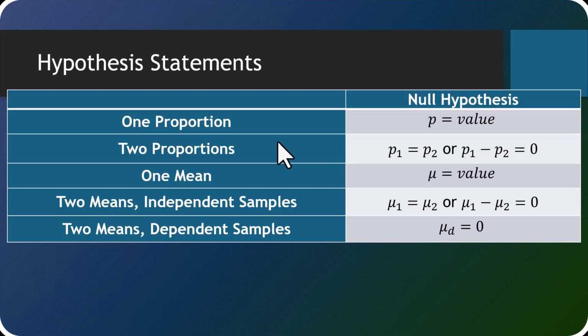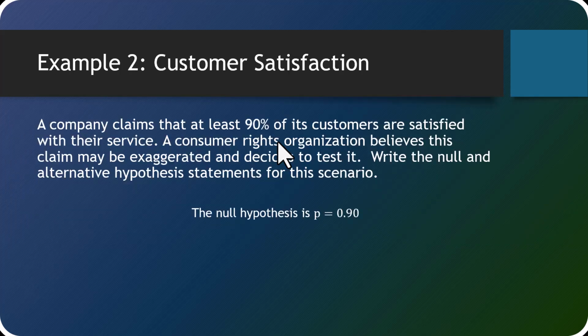Okay, so here are our 5 types of hypothesis tests and the null hypotheses associated with each one. So which one do we need? We have one proportion, p is equal to some value. The value in this case is 90%. Again, that is the null hypothesis. Unless we gather sufficient evidence to debunk this claim, we're going to assume that this is true.